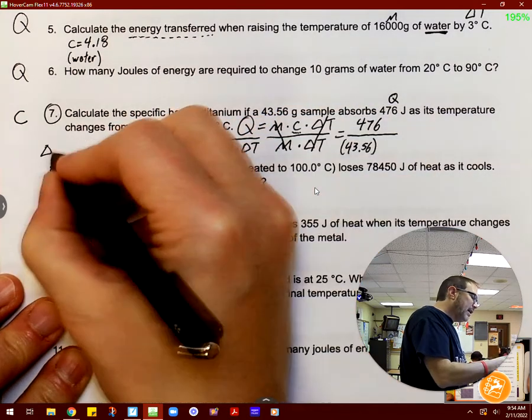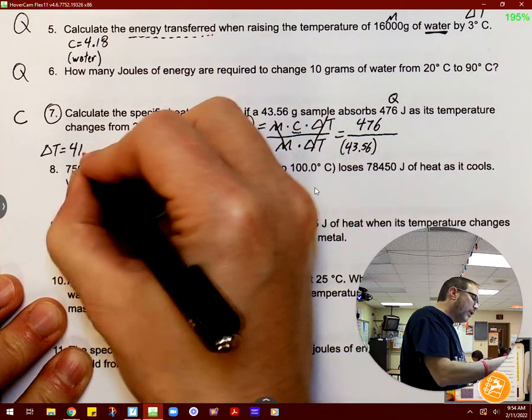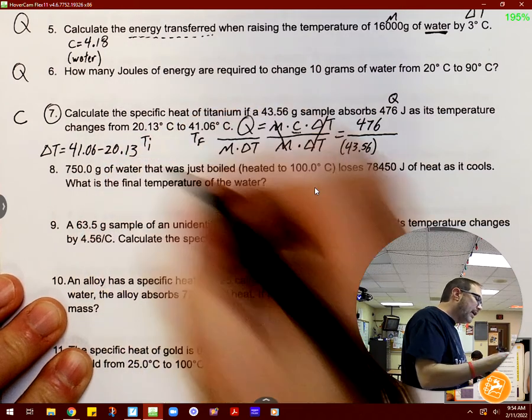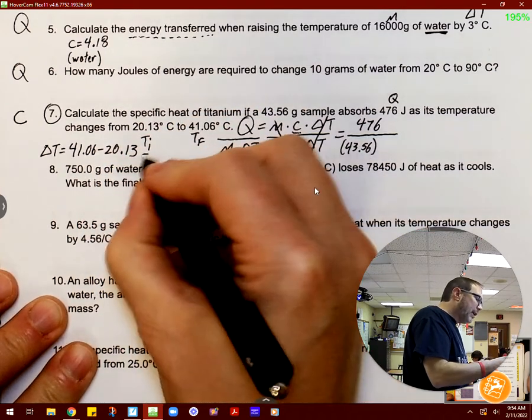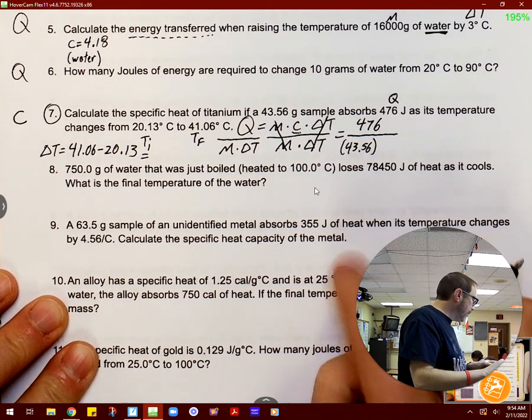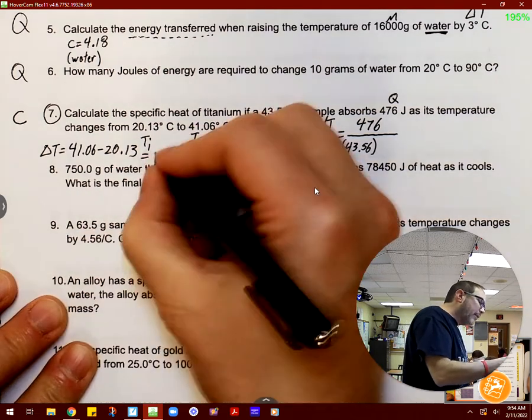So if delta T equals TF minus TI, it's going to be 41.06 minus 20.13. Somebody want to crunch that for me and tell me what that is? 20.93. Very good.